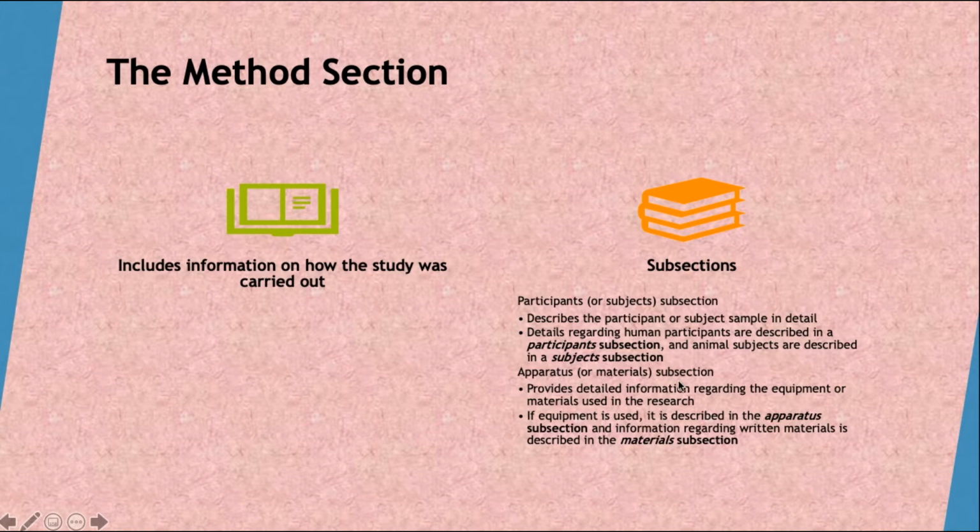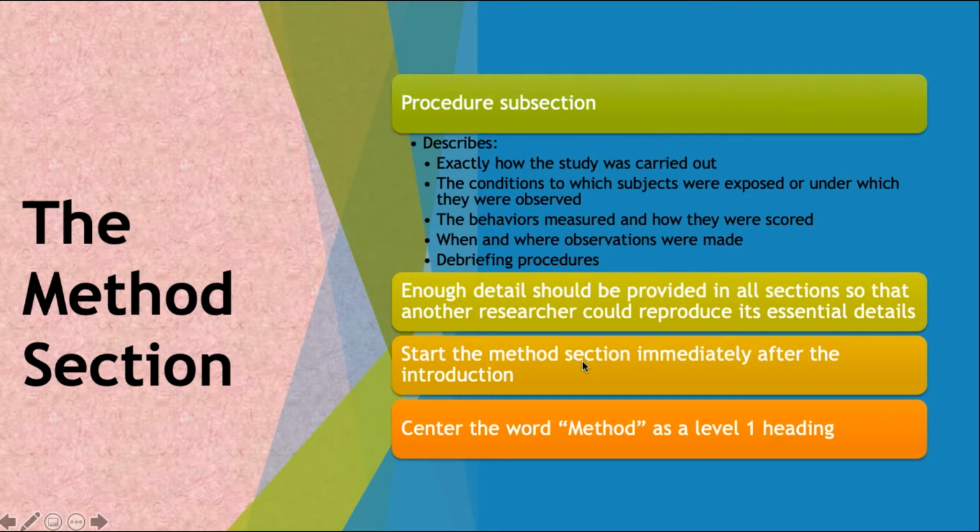The apparatus or materials subsection provides detailed information regarding the equipment or materials used in this research, if you have any. If equipment is used, it is described in the apparatus subsection, and information regarding written materials is described in the materials subsection. And the procedure subsection: first, describe exactly how the study was carried out.